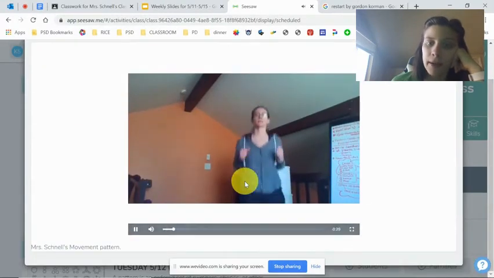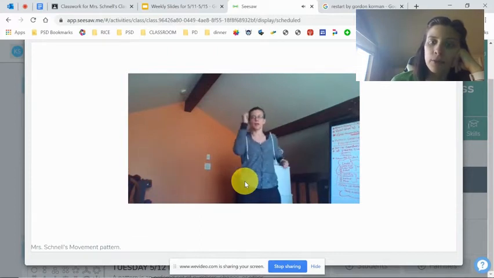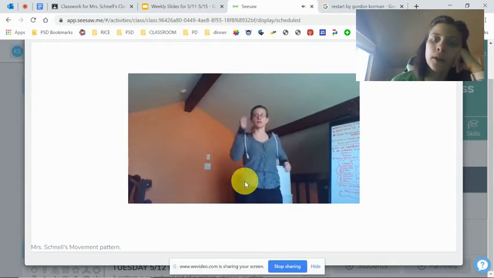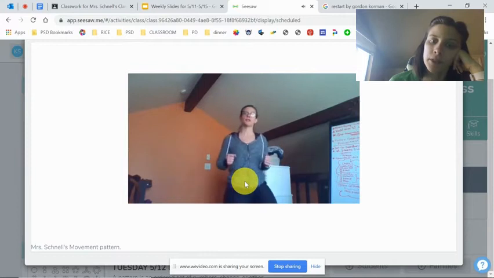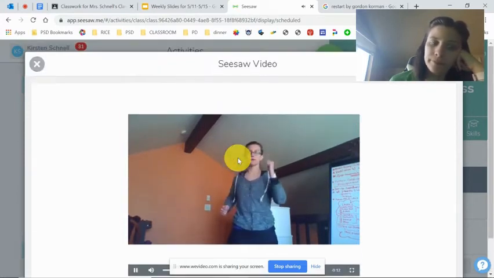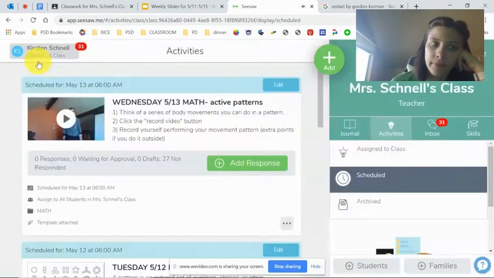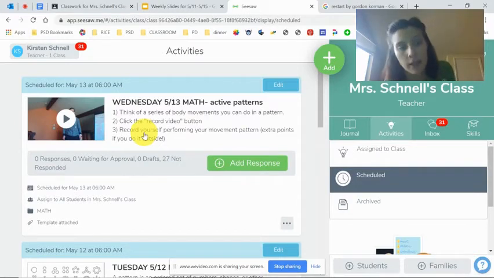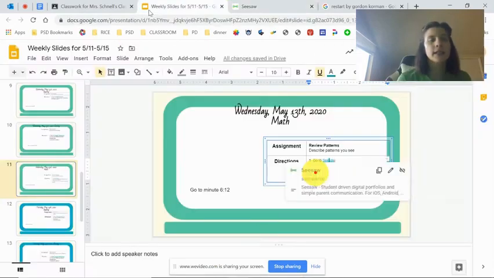So I'm doing hop, hop, hop, hop. Move your arms, stomp your feet. Hop, hop, hop, hop. Move your arms twice, stomp your feet twice. So that's my pattern, okay? You're going to record yourself performing your movement, and you get extra points if you're outside. Mrs. Chanel did not get extra points because I was not outside, but you will if you are outside. So that's Wednesday for math.